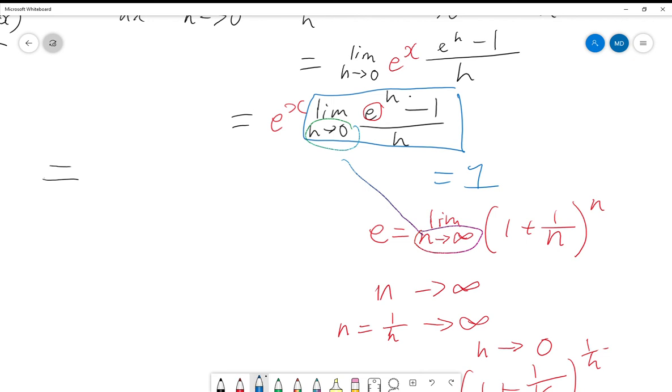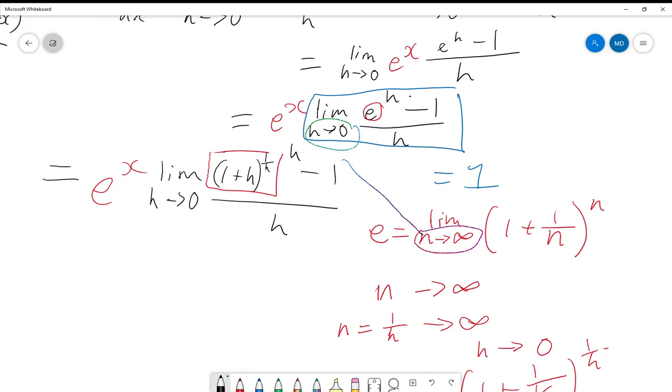And so this is equal to e to the x, the bit we care about, multiplied by the limit as h tends to 0 of (1 plus h to the power of 1 over h), that's our e, that's the definition of e right there, all to the power of (h minus 1) over h.